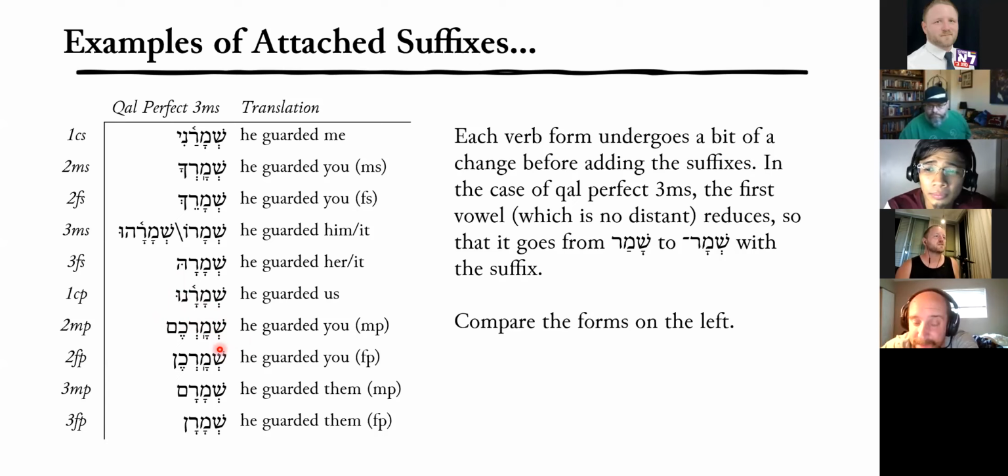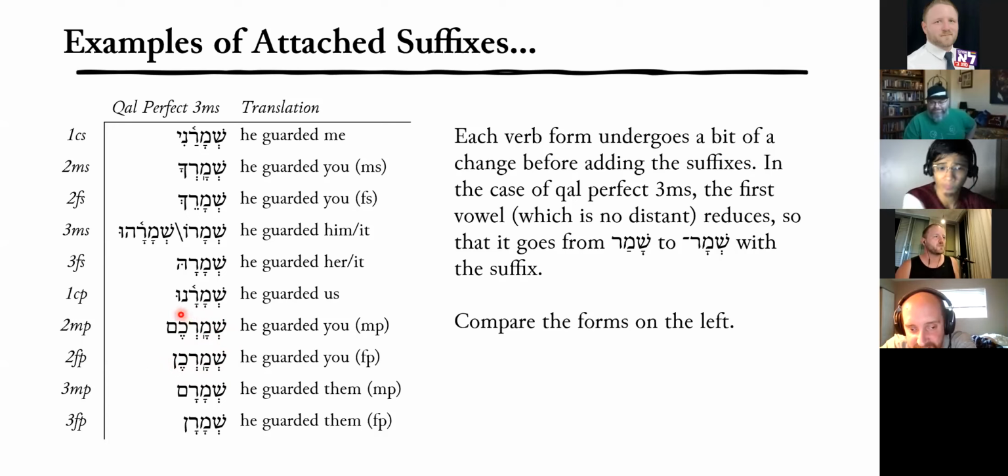It's fun because it almost looks like "you plural kept." The difference is between the chem and the tem. Shmartem, you kept, and shmarchem, he kept you. That's annoying. So we've got to remember that the tem is the normal ending for the verbs, and the chem is an object. So shmarchem, he kept you, speaking to a group of women. Not going to be very common in the Bible, of course.